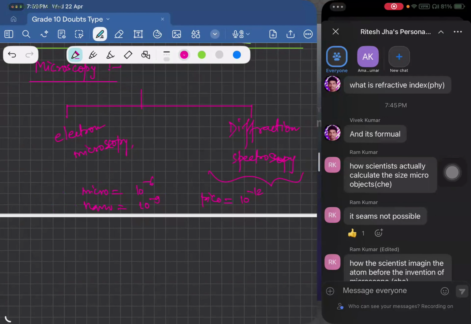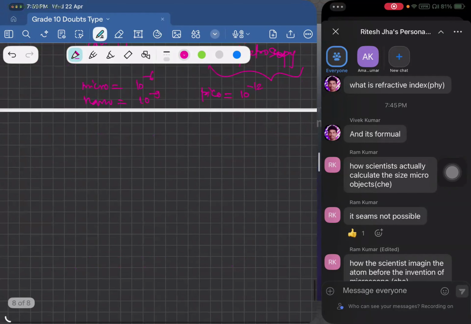Diffraction, if I explain in simple terms, is like there are slits like this, and if the light is coming, these lights go outward like this. And these lights interfere.